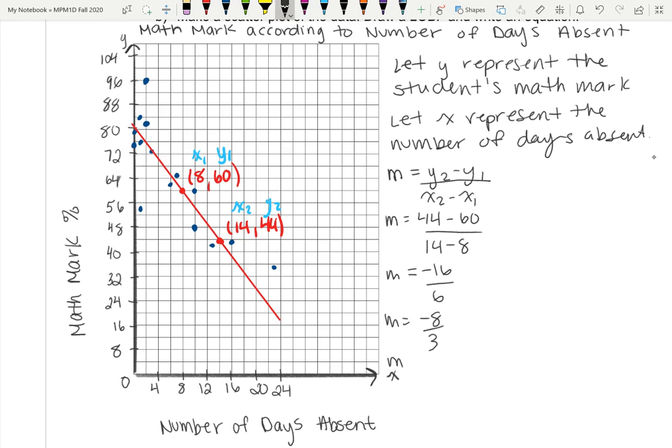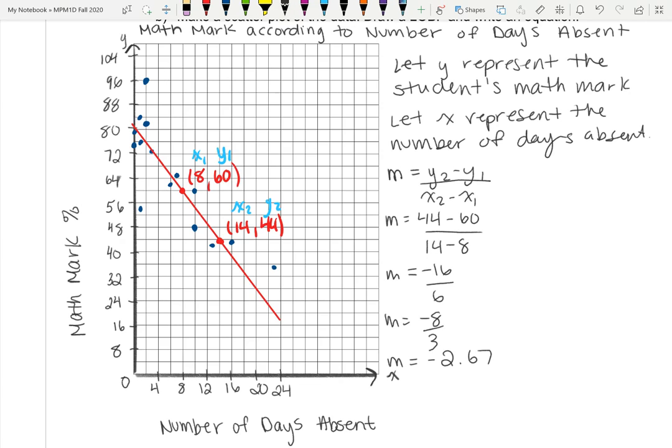But it should be fairly close to mine. And I'm going to actually convert my slope into decimal form, because when we're graphing, it's very difficult for us to graph -8/3. But it is easier for us to know where -2.67 is.